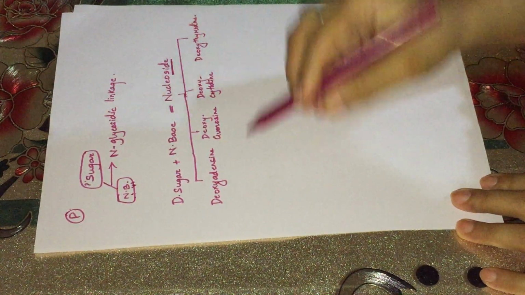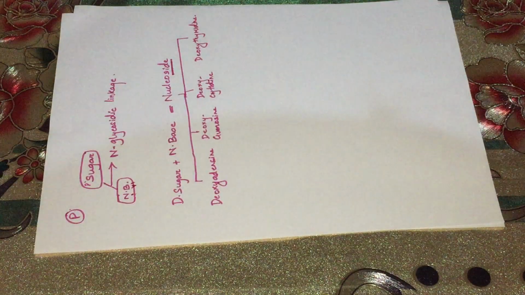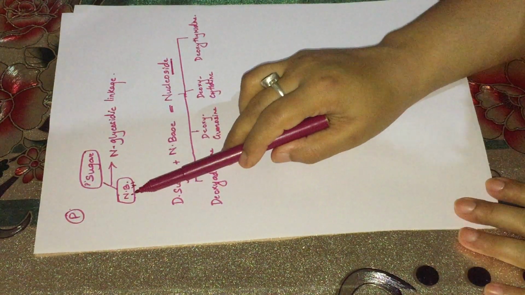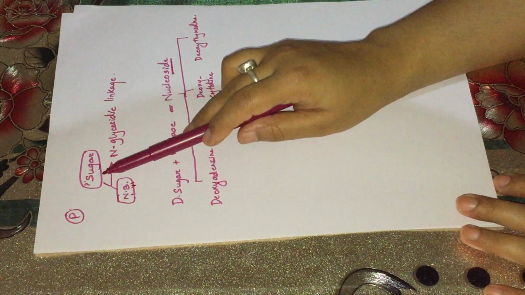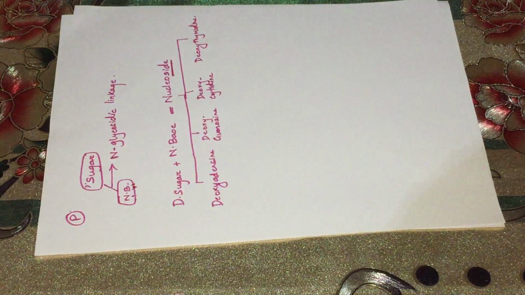So these are the four names, depending on the type of nitrogenous base which is linked to the pentose sugar.